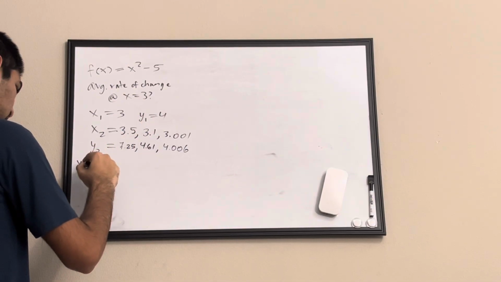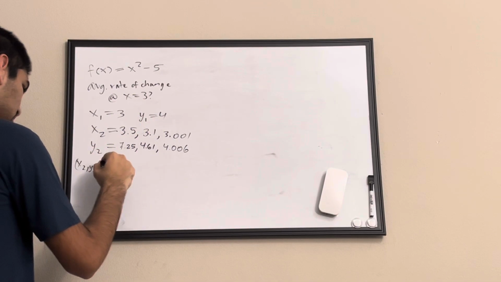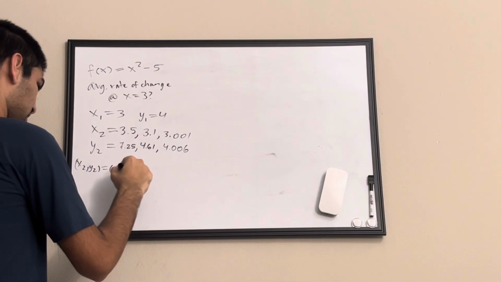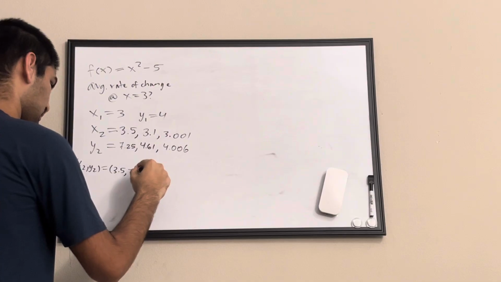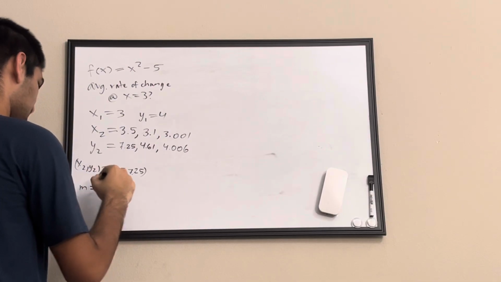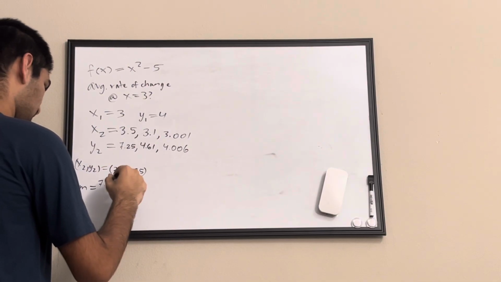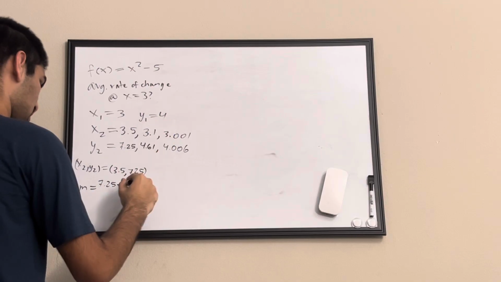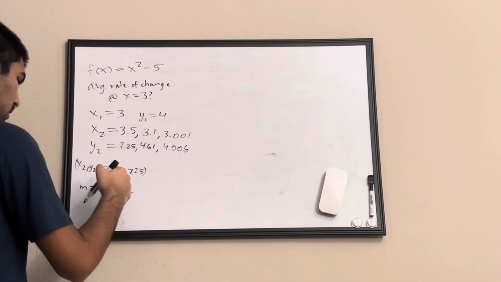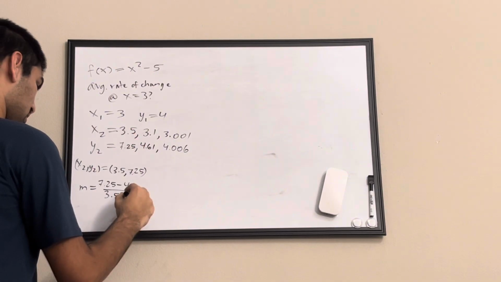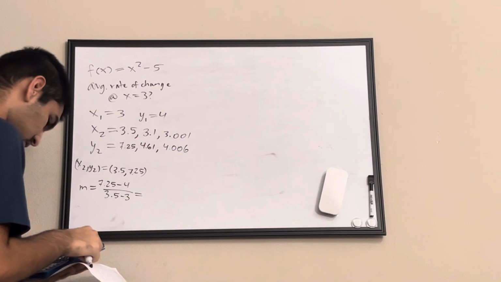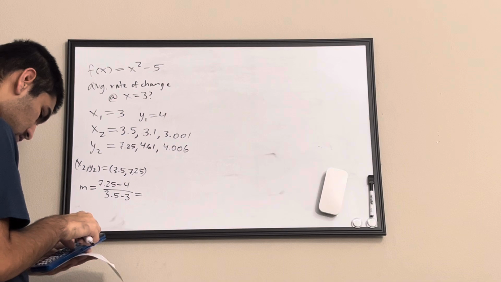We'll start with the first point, which is 3.5, 7.25. So we get y2, which is 7.25, minus y1, which is 4, over x2, which is 3.5, minus x1, which is 3, and you get 6.5.